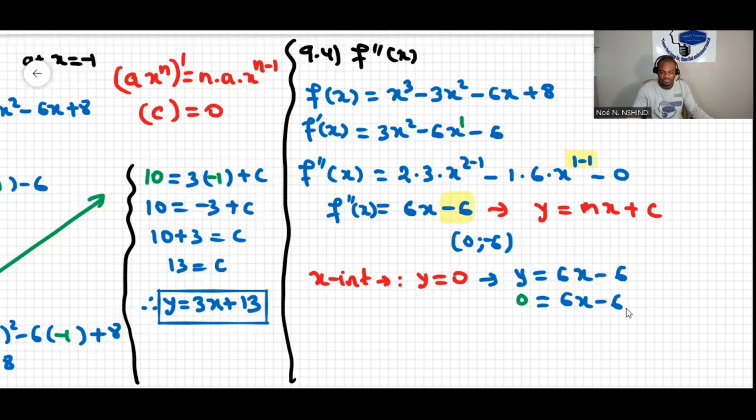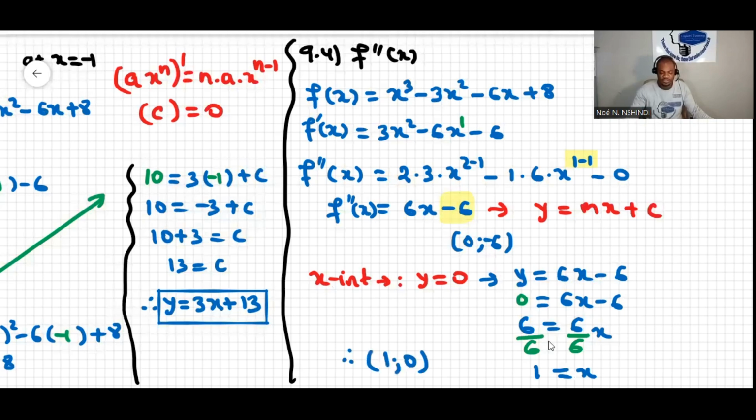If I move the negative 6 over, it becomes a positive 6 equal to 6x. I divide both sides by 6 in order to find x, and x is just equal to 1. So therefore, it is the point (1, 0).